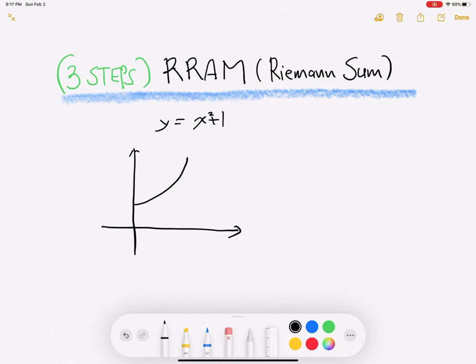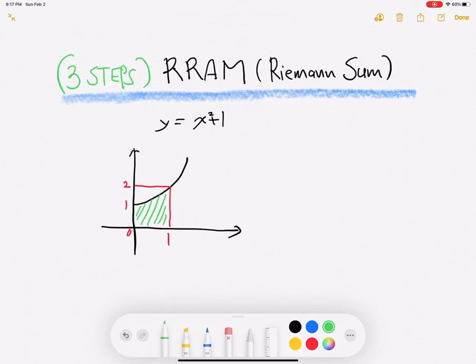Then I'm going to find the area under the curve above the x-axis from x equals 0 to x equals 1. If x is 1, the y value will be 2, and the y-intercept is 1. I want to find this shaded area.